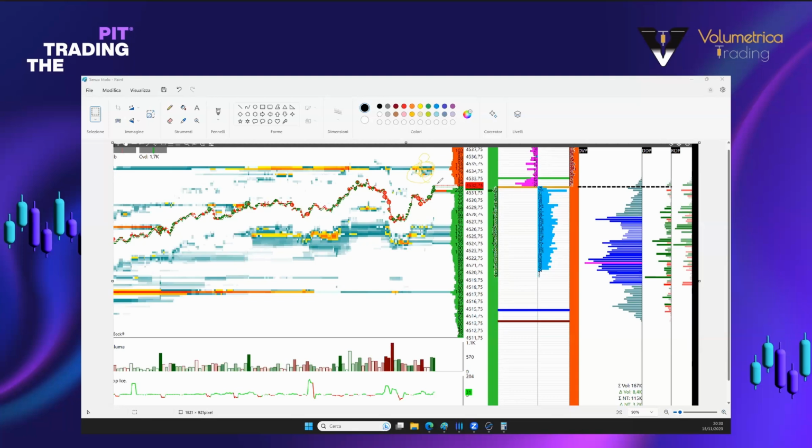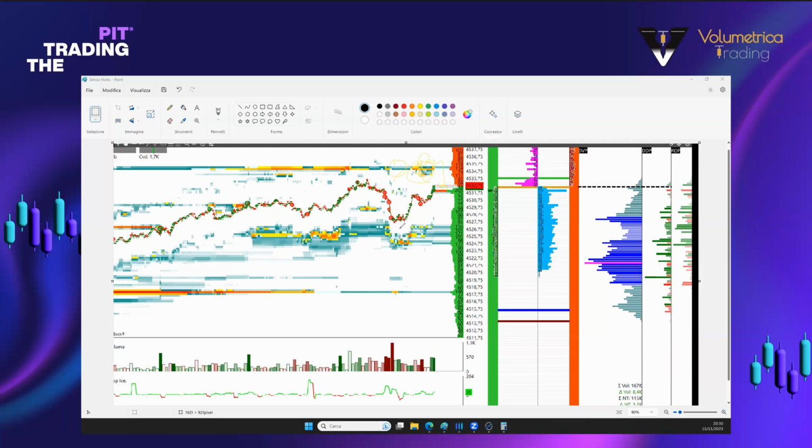And then eventually, if aggressive were weaker than passive traders, then we could have gone for a short trade.